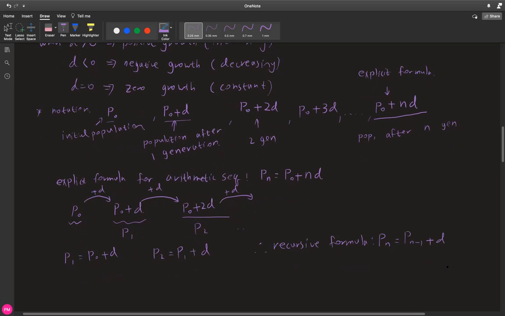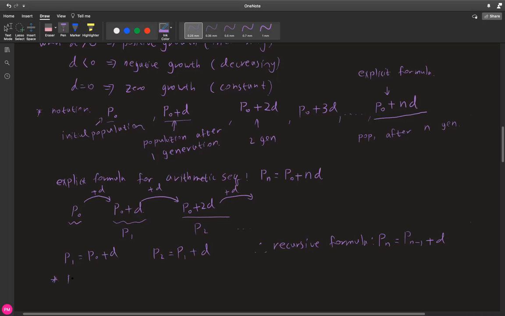So one last thing I want to mention about the arithmetic sequence is that it talks about population. And you should understand that the population cannot be negative.